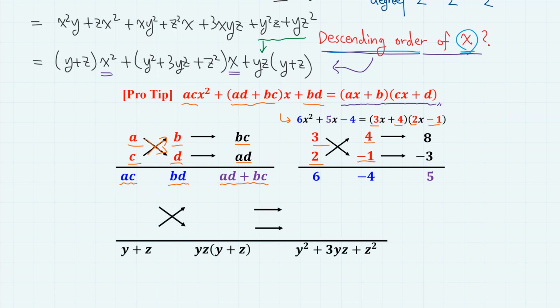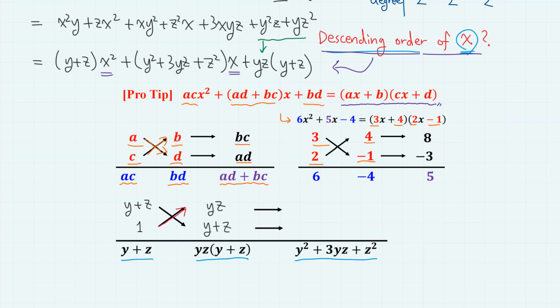In our case, the coefficient of x² is y + z, the constant term is yz(y + z), and the coefficient of x is y² + 3yz + z². And this is actually the case where guessing is pretty easy. Let's write y + z here and 1 here. And as for the next part, let us split yz(y + z) into yz here and y + z here.